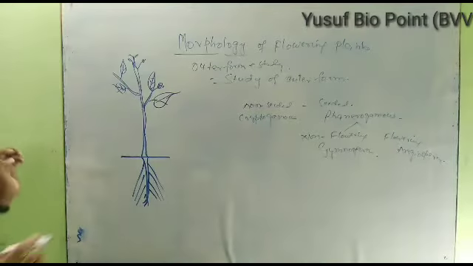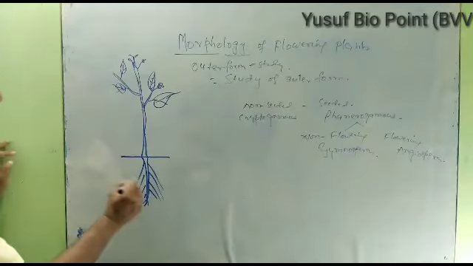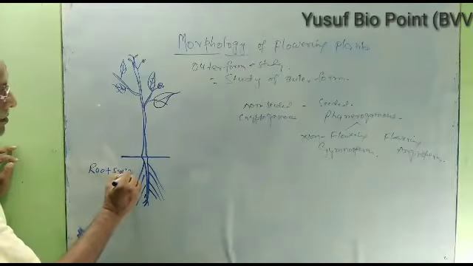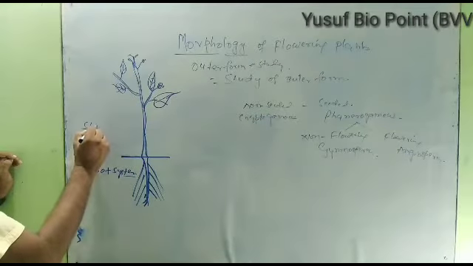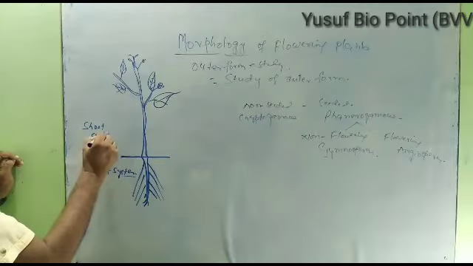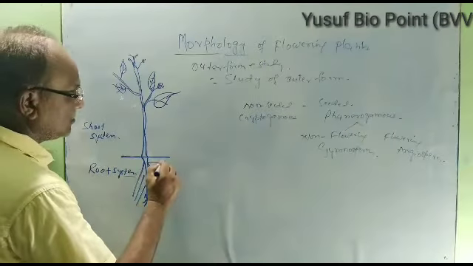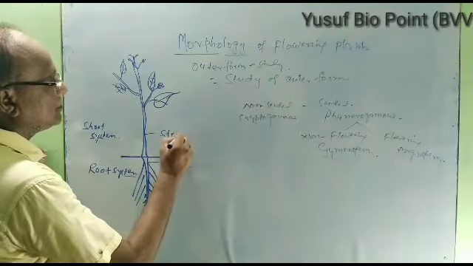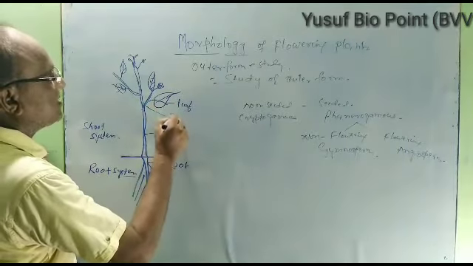The part found in the soil is known as the root system. That which is found above the soil is called the shoot system. In the shoot system, this is the stem, this is a leaf, these are branches.